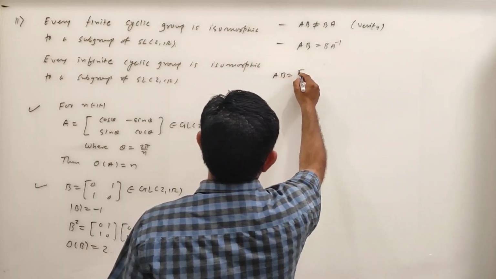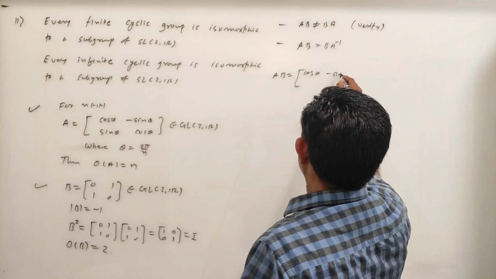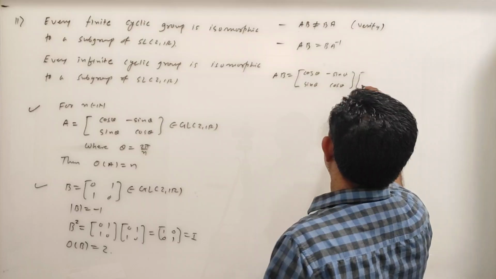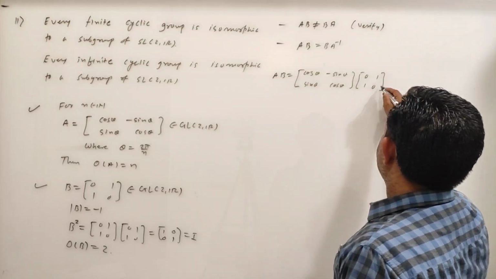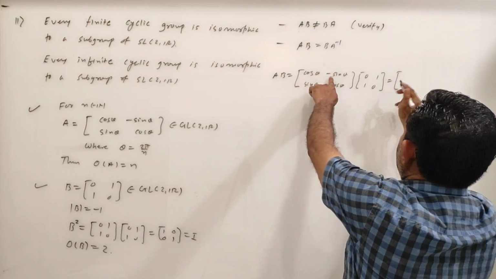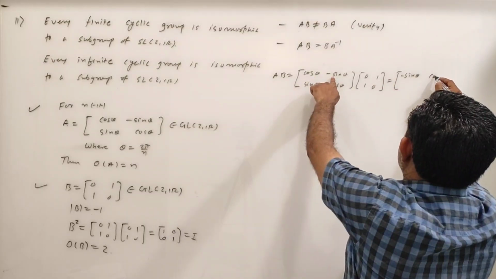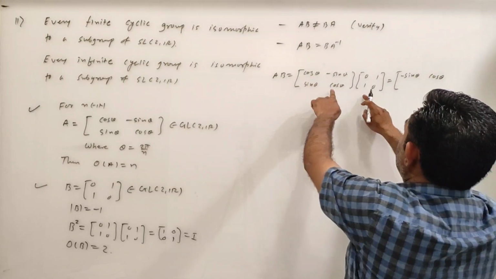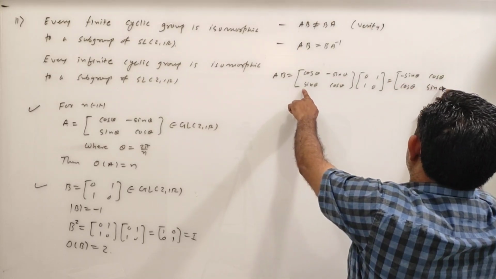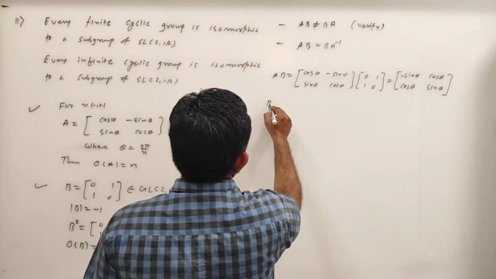So AB will be what? What is A? Cos theta, minus sin theta, sin theta, cos theta, and B is 0, 1, 1, 0, and its product will be this. So this is the product of AB. Now B A inverse.